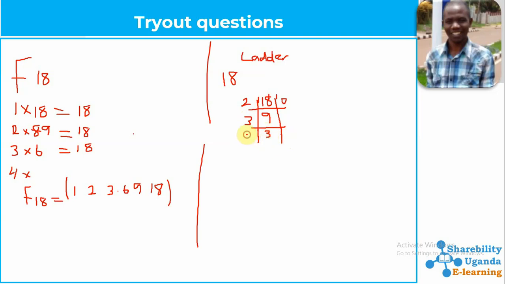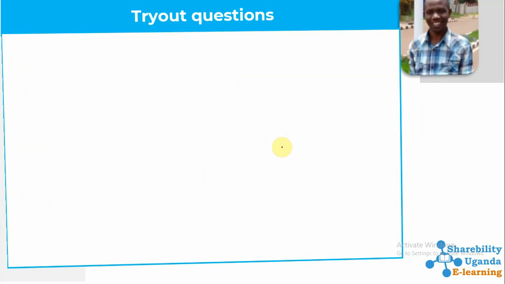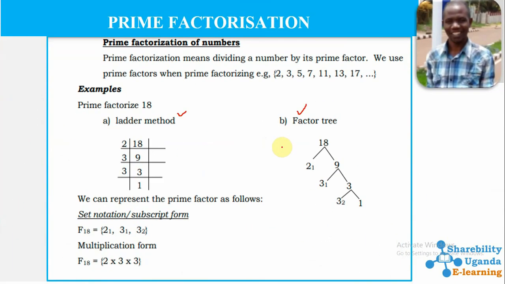Here we can get our 3 again. When we divide by 3 again, we shall get our 1. 3 divided by 3 is 1. So you can see here we are able to get zeros. So this is how we can use our ladder method. When we use our ladder method, it gives us that answer.